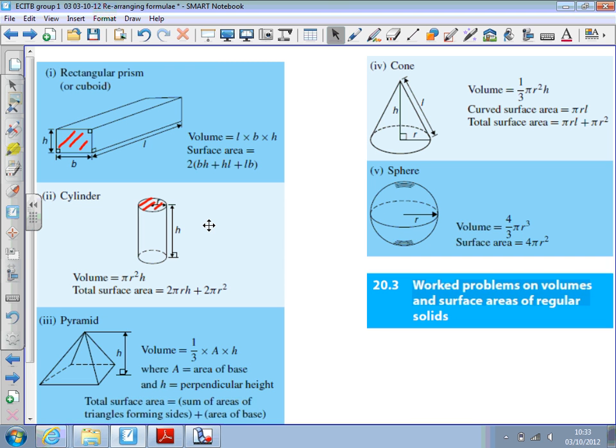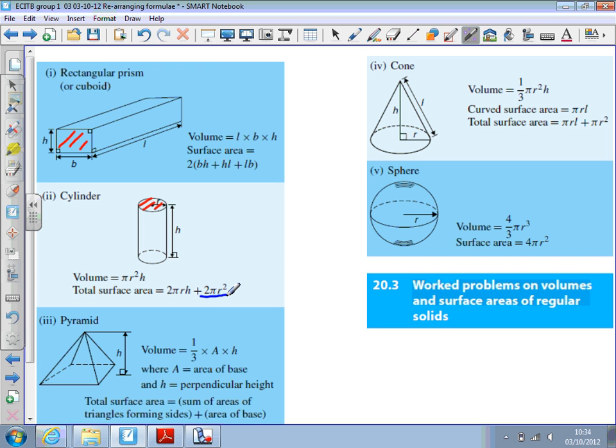Look at the formula for the surface area, though. How is that arrived at? What about this bit? Well, that's including this bit, but what's this part here, the area of?